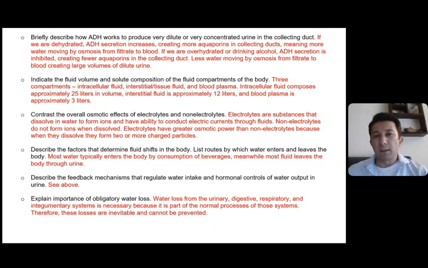Real briefly, examining both the fluid volume and solute composition of the fluid compartments in the body, we see that the three main fluid compartments are the intracellular fluid, which is the fluid within the body's cells, the interstitial or tissue fluid, which is the fluid that exists between cells in a tissue, and then we also see the blood plasma as well.